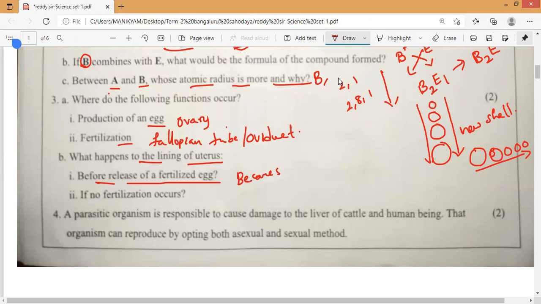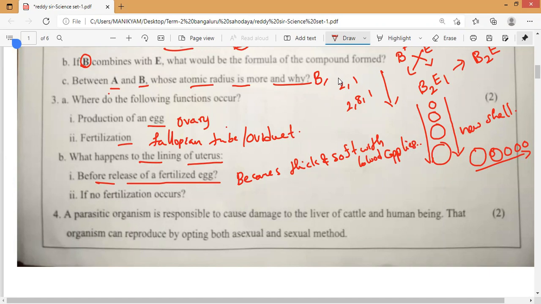As I drew in the two diagrams and explained, it becomes thick and soft with lots of blood capillaries in it, because it needs to implant the fertilized egg. That is the reason it can hold the implantation of the egg.